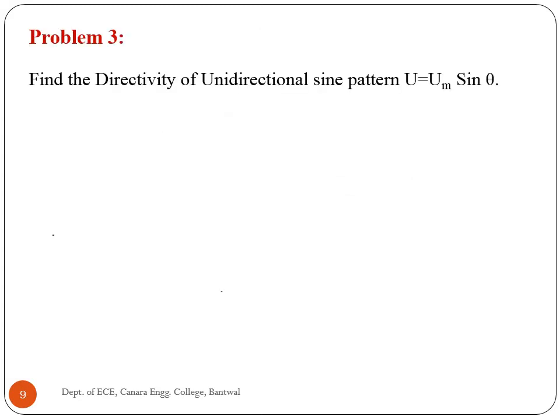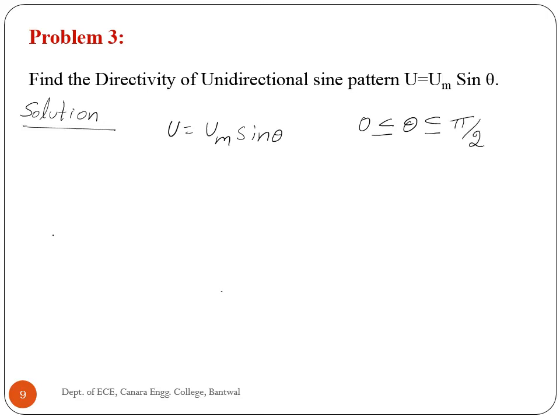Find the directivity of the unidirectional sine pattern U equal to Um sin theta. Solution. For the given pattern U equal to Um sin theta, theta is between 0 and pi by 2, and phi is between 0 and 2 pi.